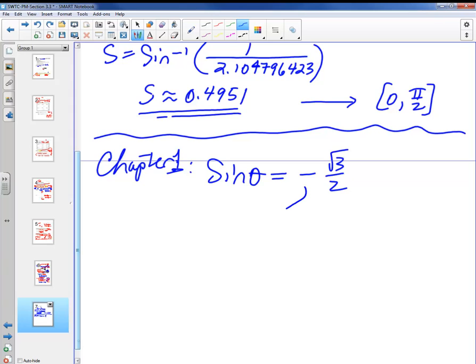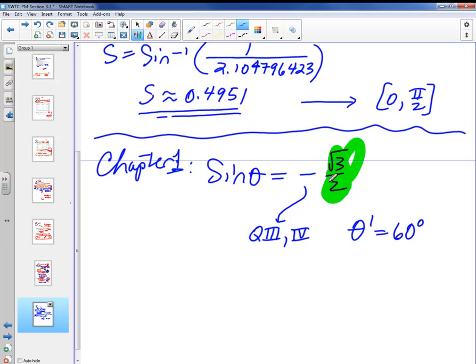The negative sign told me that I had an answer in quadrants 3 and 4. The value is very important too. It should have given you a hint, because the reference angle for sine equal to the square root of 3 over 2 would be 60 degrees.